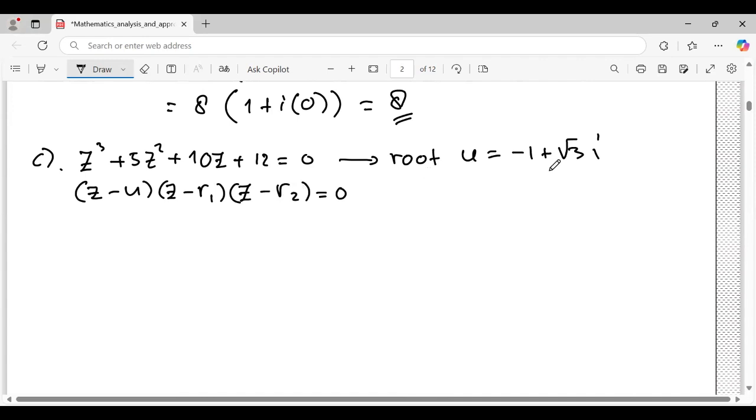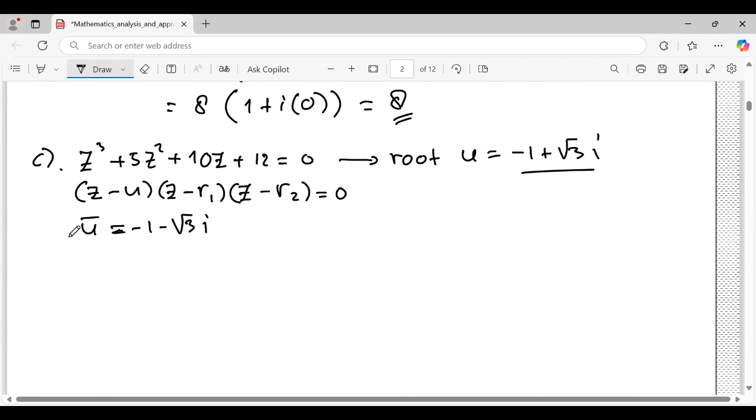For a polynomial with real coefficients, the non-real roots must occur in conjugate pairs. So the conjugate of u is minus 1 minus square root 3 i.